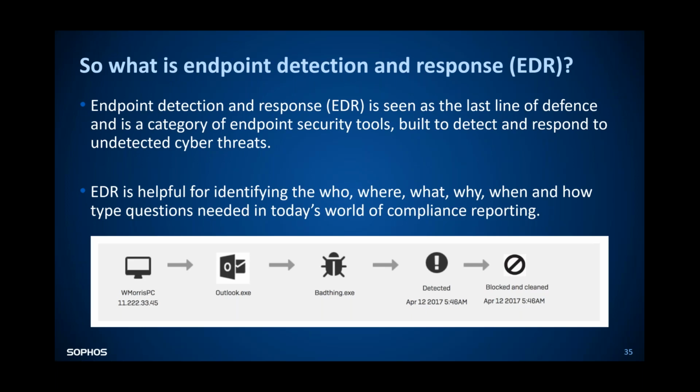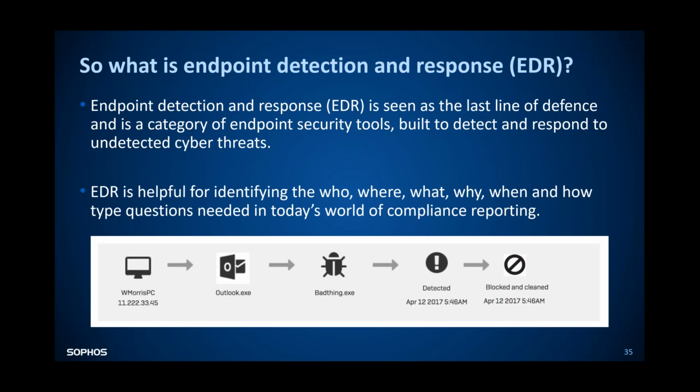In this case, our Sophos endpoint system then detected the malware at 5:46 a.m. What we then did is then proactively blocked the machine and carried out a forensic deep clean of that device to make sure that any trace of that malware has been removed.